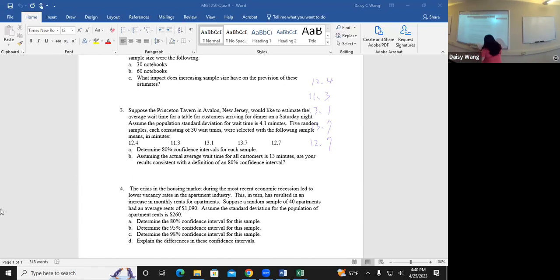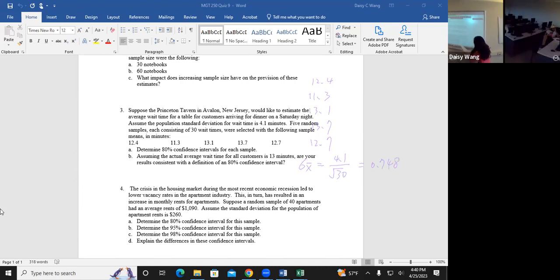So the standard deviation of the sample mean will be 4.1 divided by the square root of 30. So that would be 0.748. This is the first. And then the margin of error will be 1.28 times this.